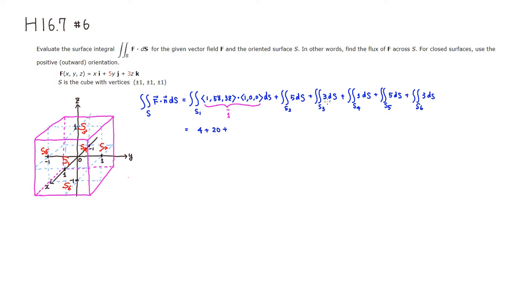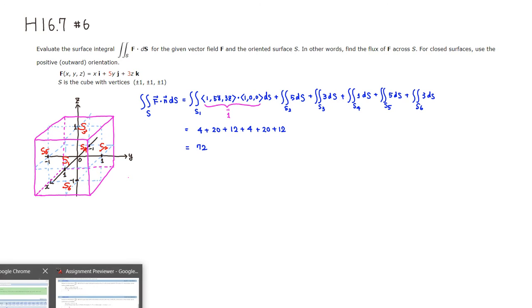Plus 4 times 3, 12, plus 1 times 4, which is 4, and then 5 times 4 is 20, plus 3 times 4 is 12. If you add them all up, you get 24, 36, 40, 60, 72. So we got 72.